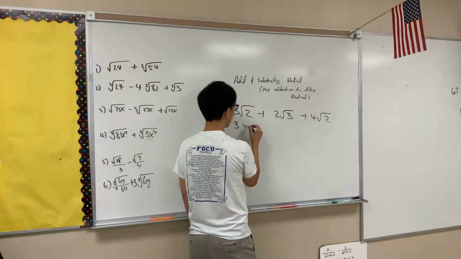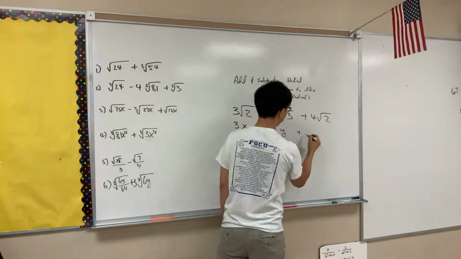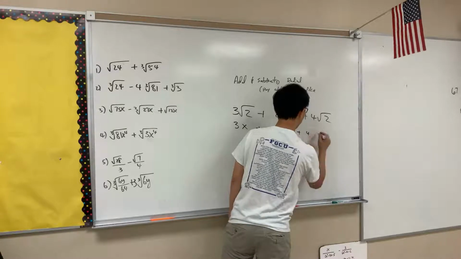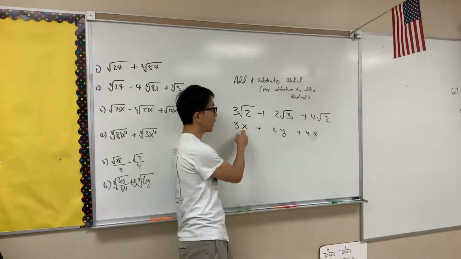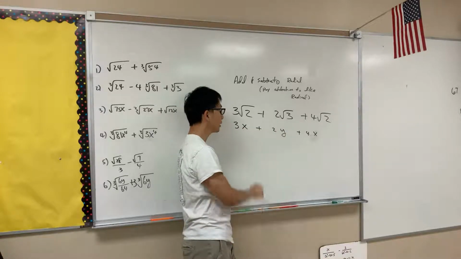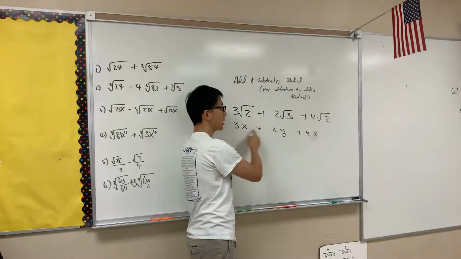In this case, it's technically read like this. Think of square root of 2 as x and square root of 3 as y. Can x plus y be added? No, because they are not like radicals.